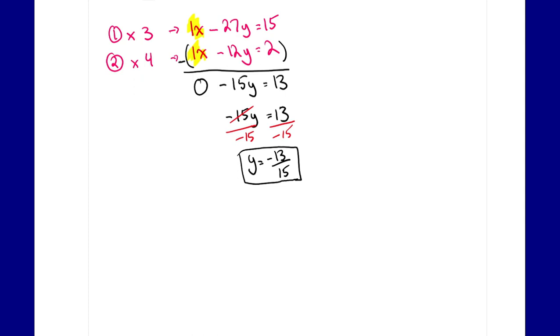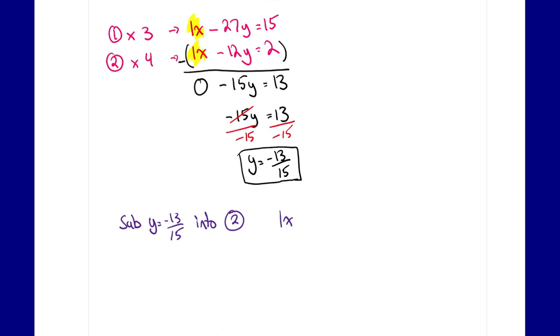Once we found the one value, we're going to substitute that back in. So we're going to substitute y equals negative 13 over 15 into either equation, right? Whichever one we want. I'm going to sub it into equation 2. And this time, I'm going to use the new equation because there's less fractions to deal with.